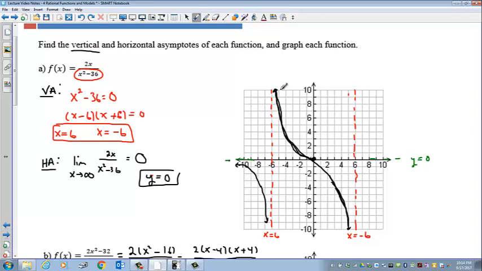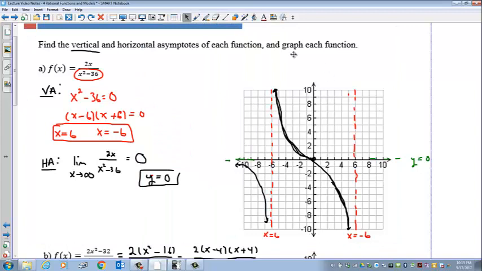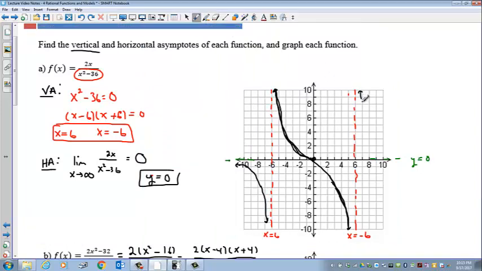Okay, but it does go through the origin. But notice it didn't go vertical on you, even though it looks like that on the calculator. Remember, the calculator is a tool of approximation, so it's just telling you approximately what it looks like. It doesn't understand that it doesn't really go vertical. That's not supposed to be a vertical line. And then over here, it does basically the same thing. It's going to start up here, and it's going to head kind of down here, and then head out. It doesn't head towards height 0.